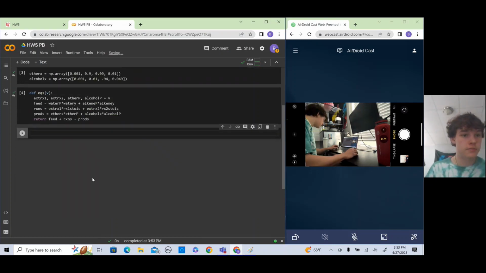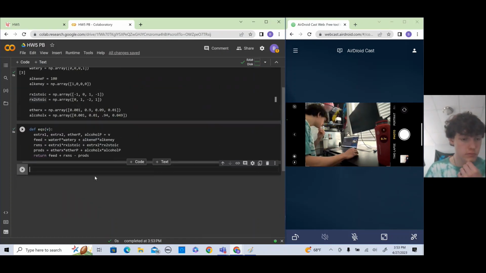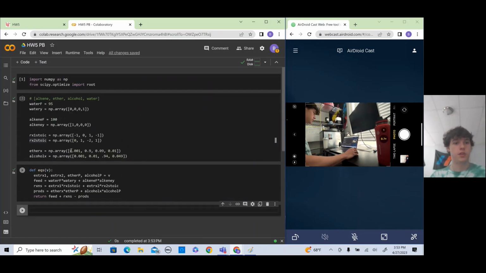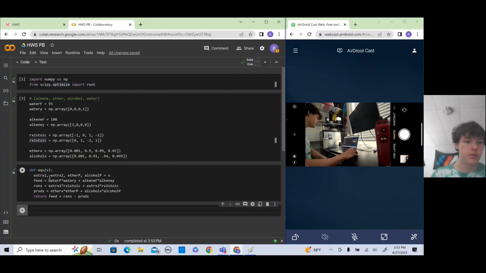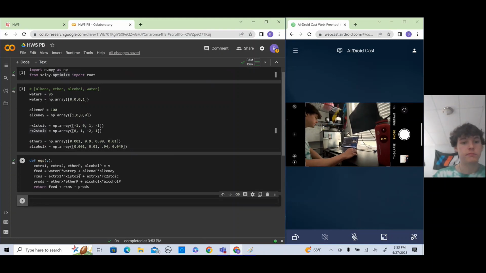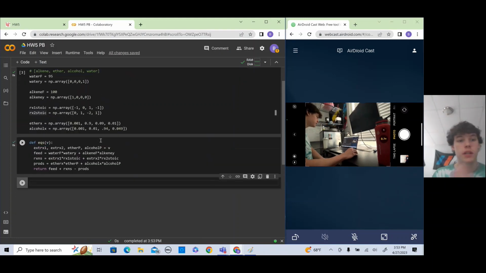And now we can use our root solver to find what values for our extent of reaction 1, 2, our ether product flow rate, and our alcohol product flow rate will make this mass balance equivalent.